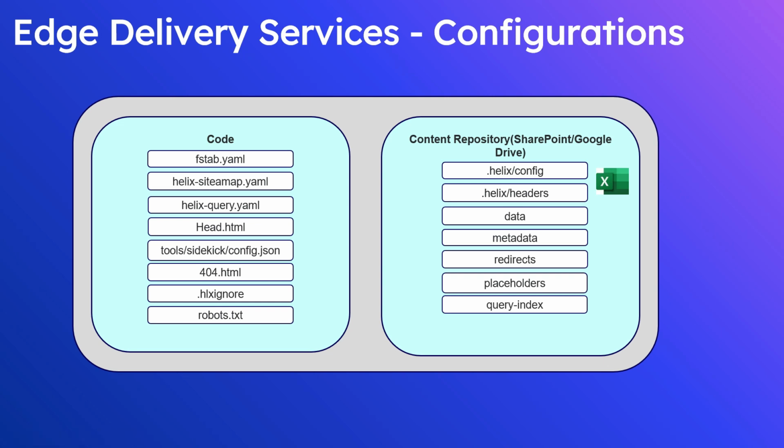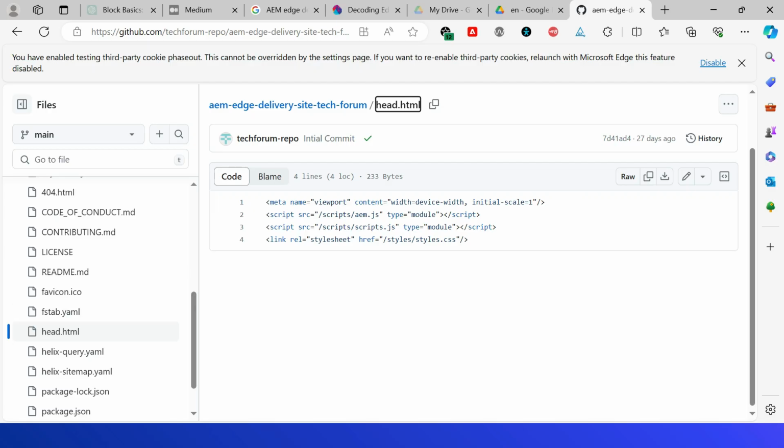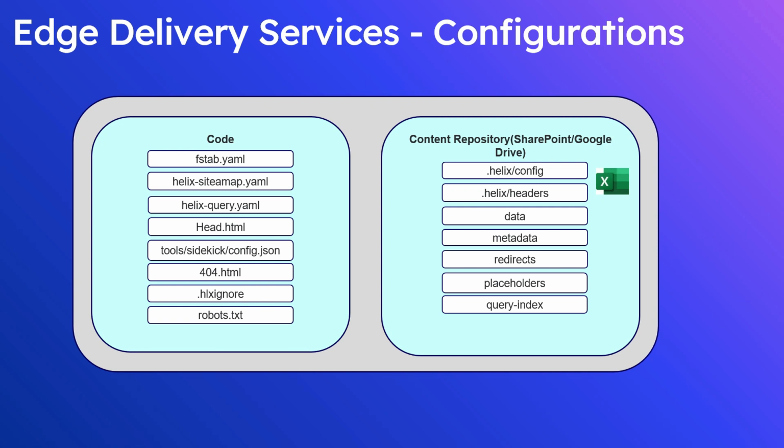Head.html. This includes all the relevant tags within the head tag of a standard HTML code. Also, this includes the required JavaScript and styles to render the content and blocks. This is the head.html content. This should remain unchanged unless necessary changes are required. Sidekick tools config.json.